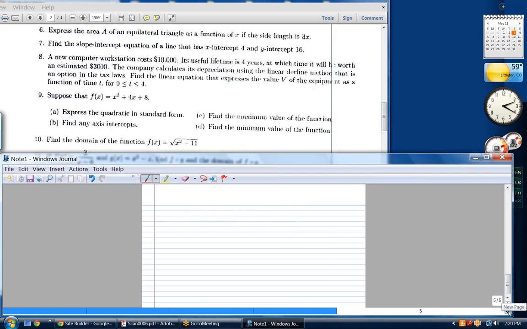Express the area of an equilateral triangle as a function of x if the side length is 3x. Okay. Now you can do this two ways. We can do it the hard way, which is to figure out what the altitude is and calculate the area as 1/2 the base times the altitude, and it will be a function of x.